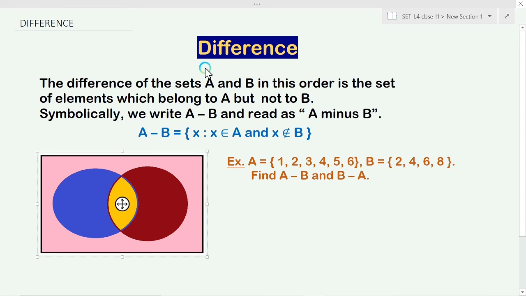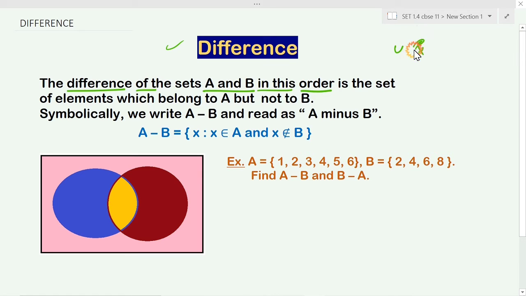Now difference, that is, we have to calculate subtraction between two sets. The difference of two sets A and B is in this order. So for difference you have to notice the order, you have to remember the order. Here order matters.